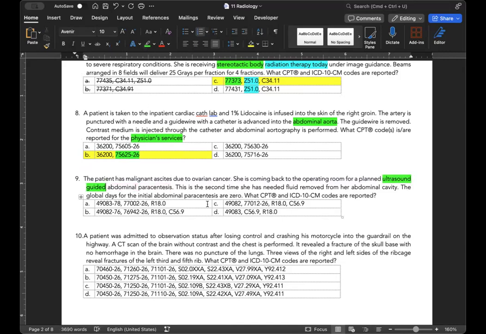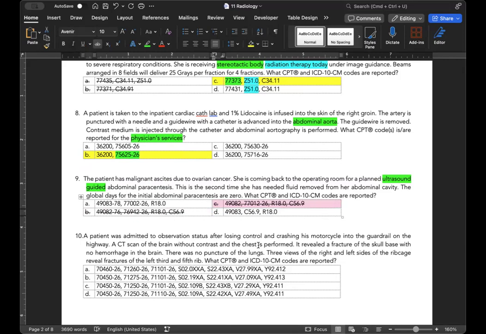So that's our imaging guidance. Imaging guidance can be ultrasound, CT, MRI, fluorography, or fluoroscopy, whatever, right? So if they don't state a specific, then imaging guidance can just be anything that helps us determine where that needle is being placed. Okay. So we're going to use our 49083, right?